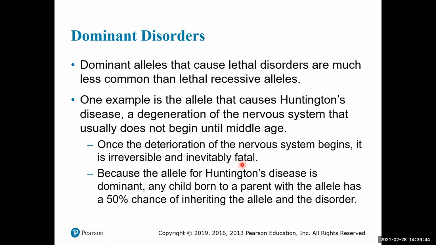And whenever we see dominant alleles causing these disorders, they're much more common than the lethal recessive alleles. One example of another dominant disorder is Huntington's disease, which is where your nervous system basically degenerates. And this typically doesn't happen until you reach an older age in your life.